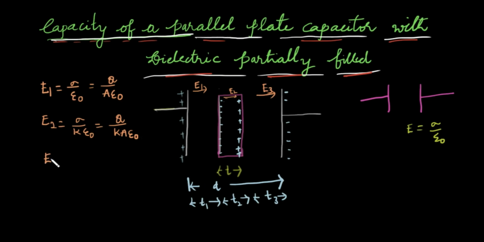So E3 is equal to sigma by epsilon naught, that is equal to q by A epsilon naught. The net electric field in the dielectric is sigma by K epsilon naught, which is q by K A epsilon naught.